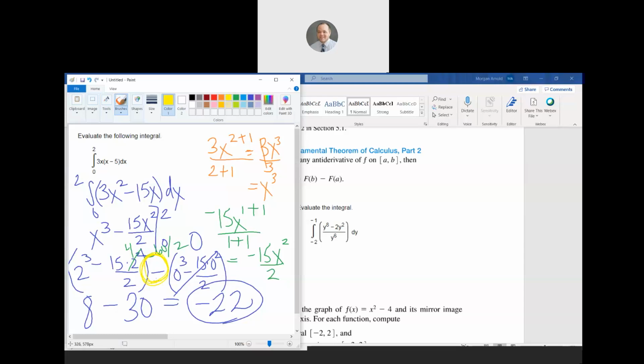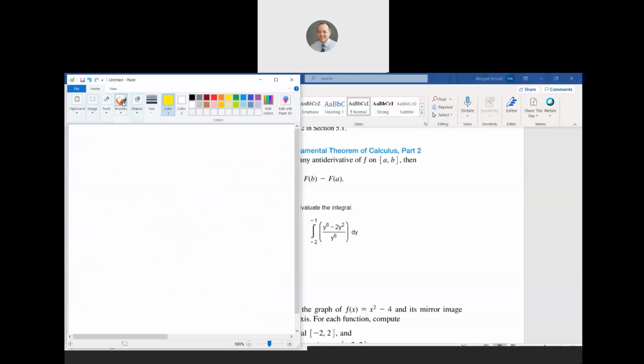Let's look at another definite integral that we need to evaluate. We have, and I'm making this one up, the integral from 2 to 3 of 2x dx.